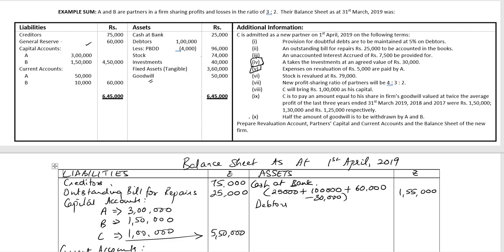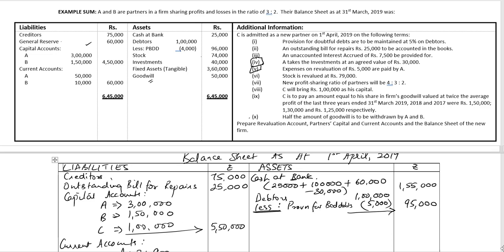Debtors, original figure is rupees 1 lakh less provision for bad debts. It was 5% on debtors, so it's 5,000 rupees. Final figure of debtors 95,000 rupees. Stock has been revalued at 79,000 rupees.